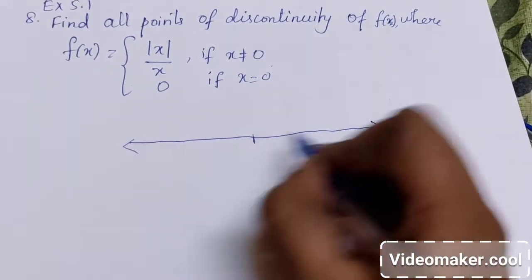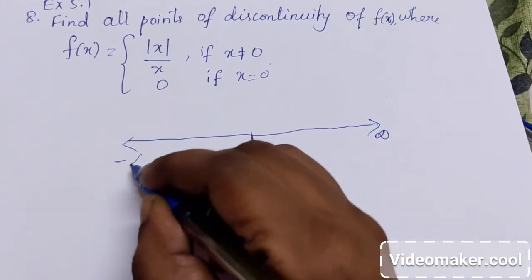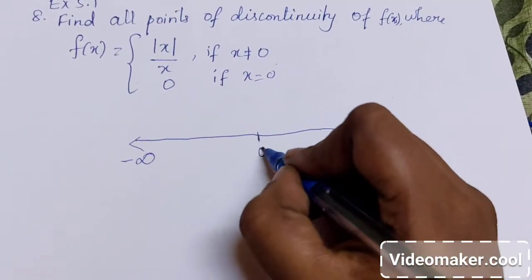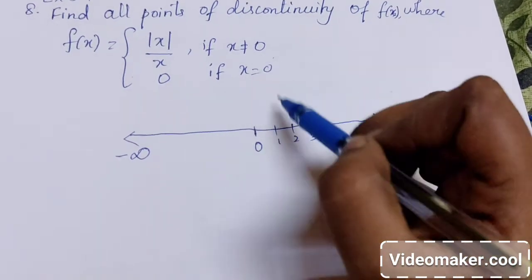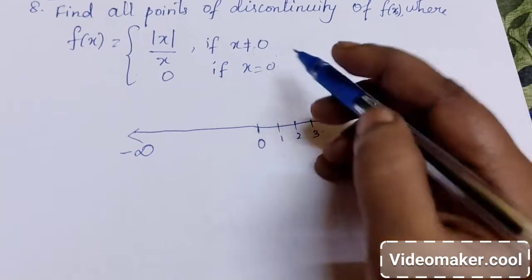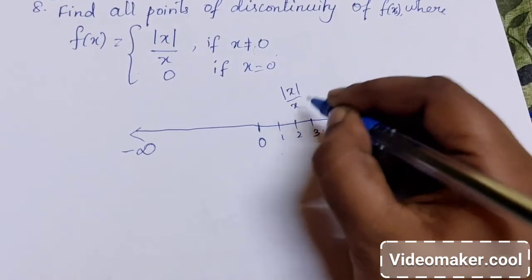If you assume a real line, this side goes up to plus infinity, here it is minus infinity, and we have 0. For all real numbers x not equal to 0, they have defined the function as mod x by x.